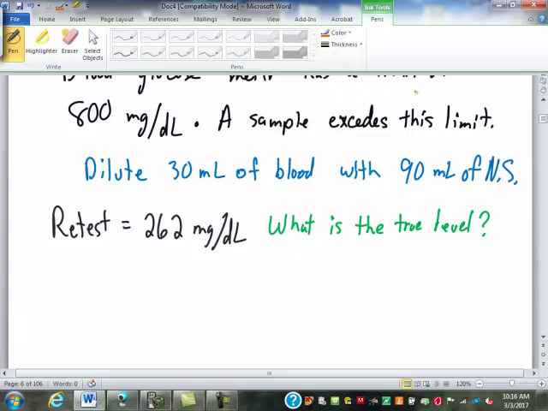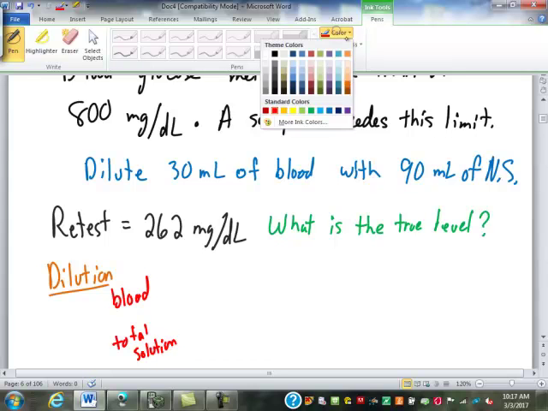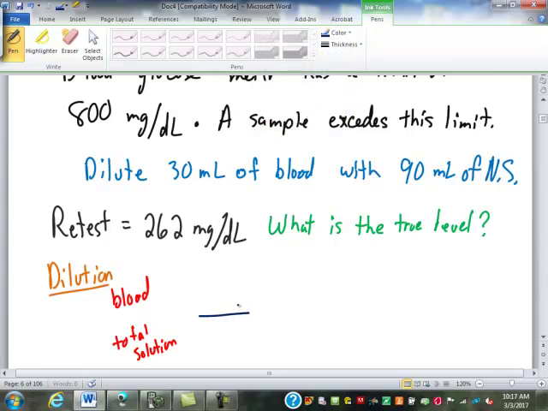Well, the first thing we have to do here is we have to figure out the dilution. And remember, dilution is the concentrate, in this case the blood, compared to the total solution. So as I create this ratio, what goes on top to represent the blood? 30 milliliters. Good. What goes on bottom to represent the total solution?